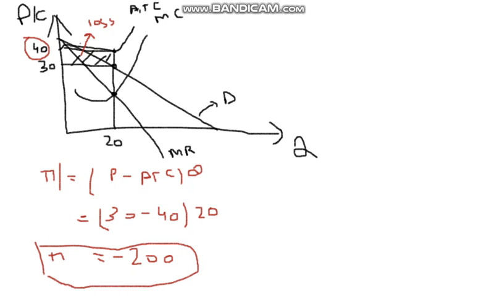Similarly, we can calculate the loss per unit, which is equal to 200 divided by 20. So the per unit loss is $10. It can also be calculated from the formula price minus ATC.